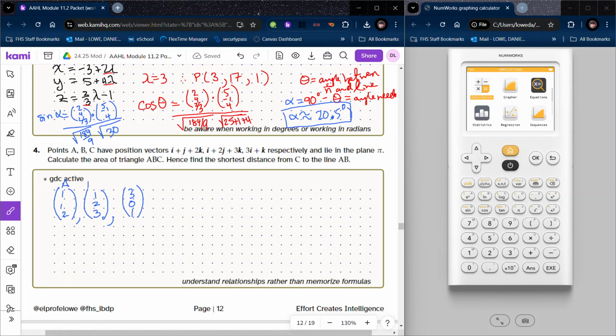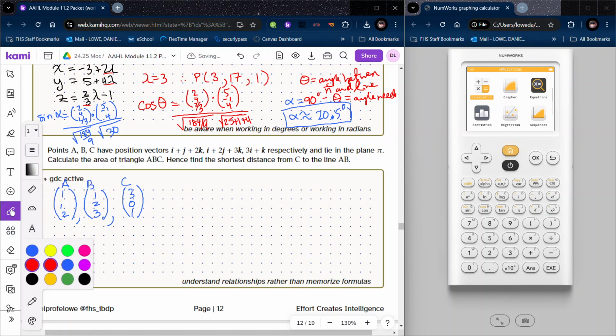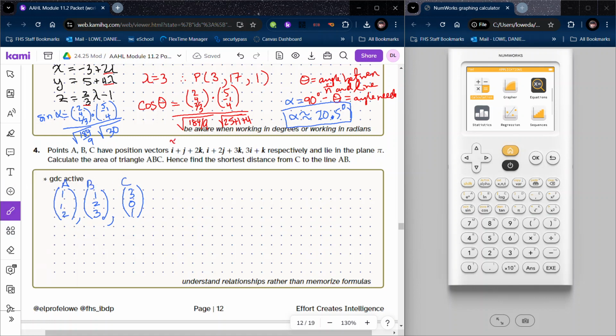So here is A, here is B, here is C. A quick reminder that I is the X direction, J is the Y direction, and K is the Z direction. And so for 3I plus K, that's 3 in the X direction and 1 in the Z direction. Okay, so those are points, and they're in this plane P.